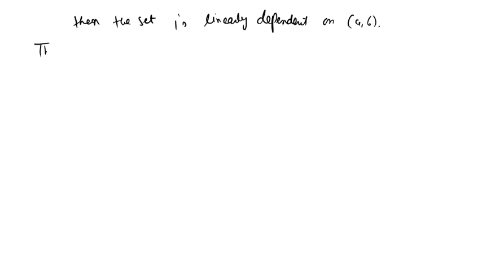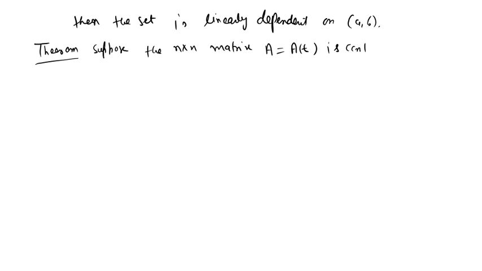The next theorem comes from ODE, and you can easily prove that theorem. Suppose the n cross n matrix A, which may be a function of t, is continuous on a b.